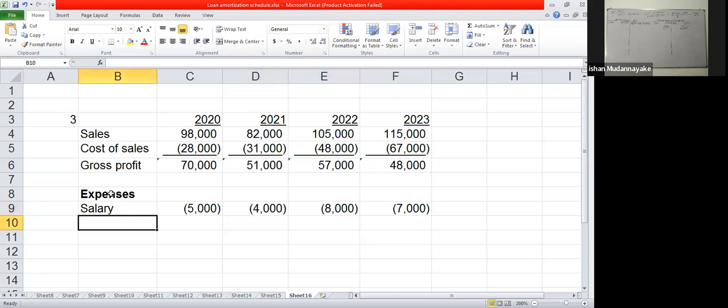Expenses. And after that, write down motor vehicle depreciation.